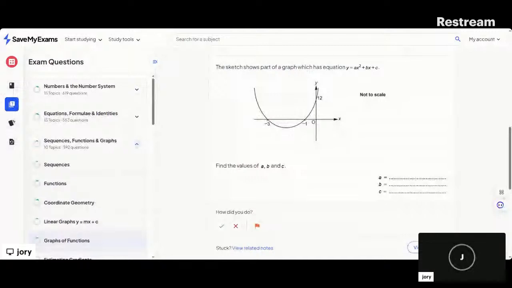c is 12. That's straight up. I don't need to work for that. And then I have ax squared plus bx plus 12 equals y. And I know that when y is 0, a times x squared, negative 1 squared is 1, and that's 1a.